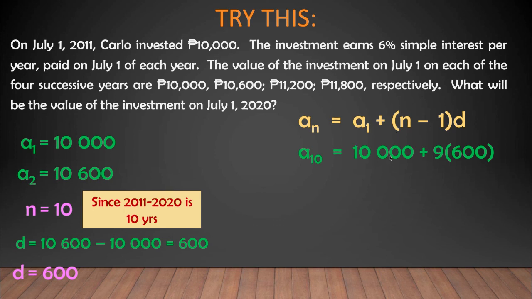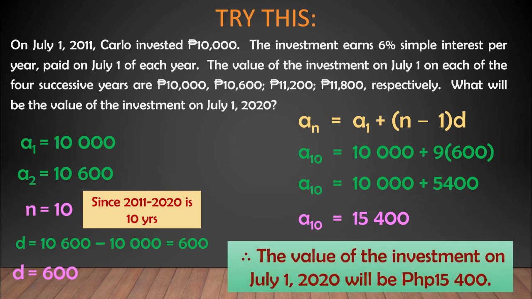Since a sub 1 here is 10,000, your n is 10, so 10 minus 1, that will be 9. d is 600. So a sub 10 will be equal to 15,400. This means that the value of the investment on July 1, 2020 will be 15,400.